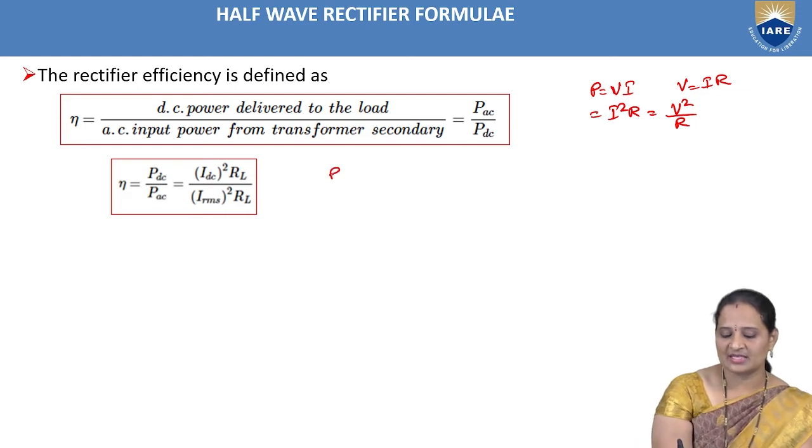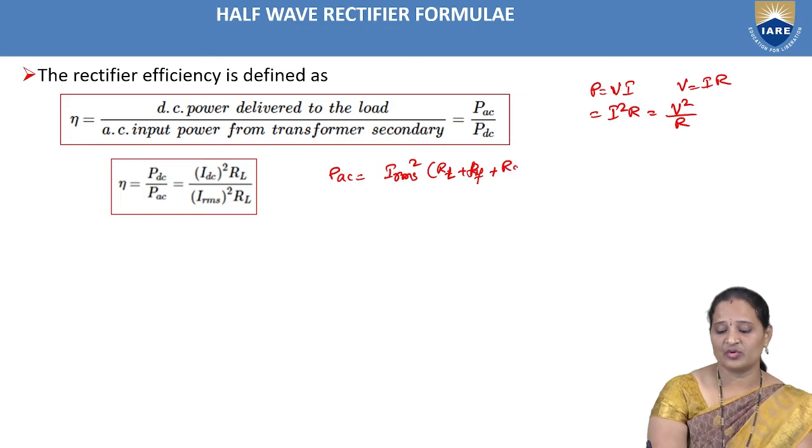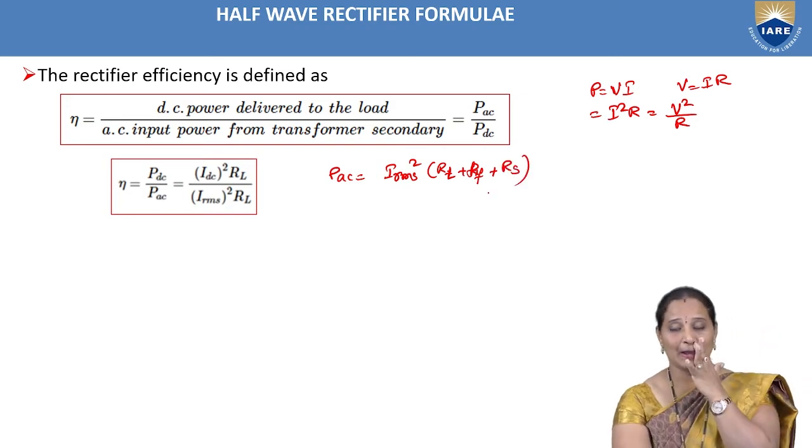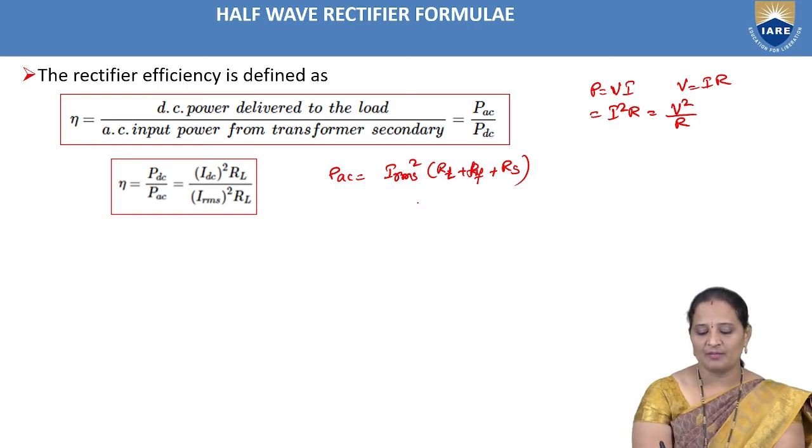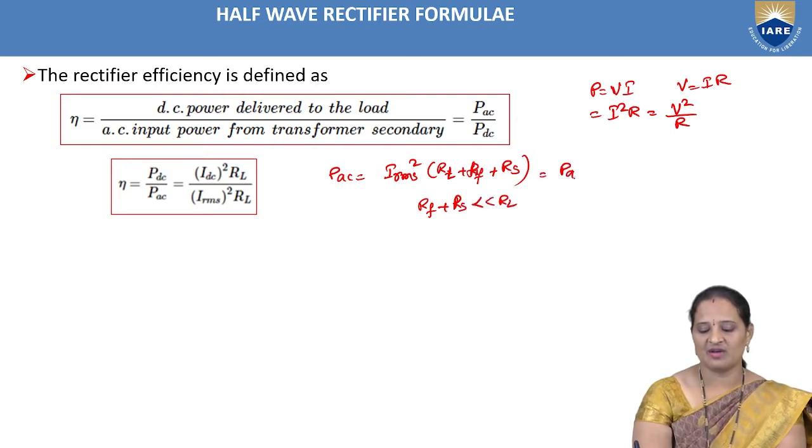Actually, this PAC will be IRMS square into RL plus RF, and we also have to consider the internal resistance of the secondary winding, RS. But here we assume that RF plus RS is very much less than RL. In that case, the PAC value is given by IRMS square into RL.